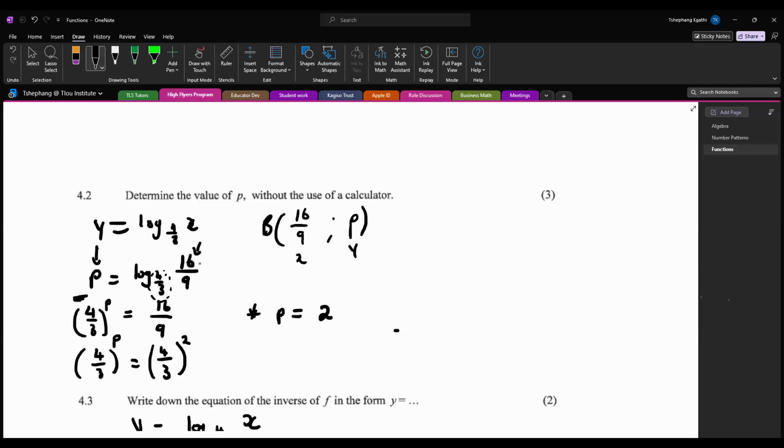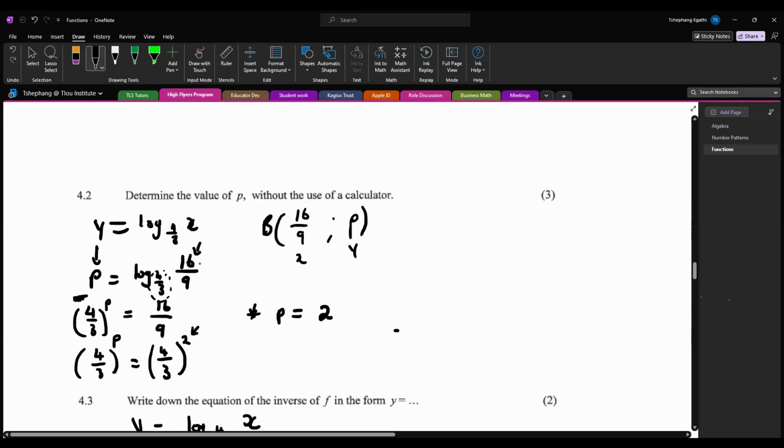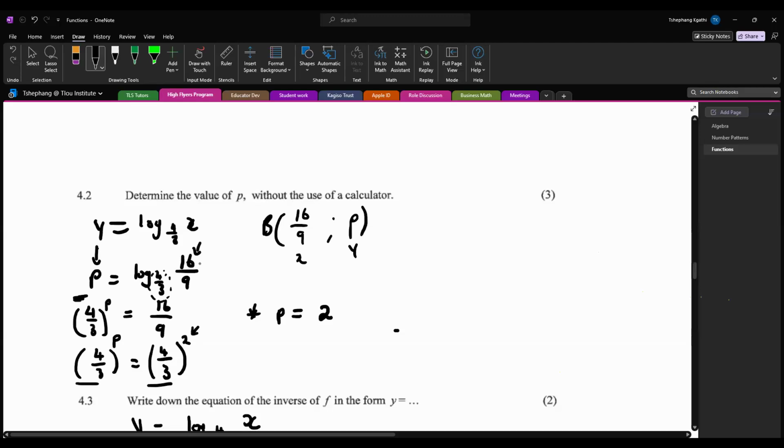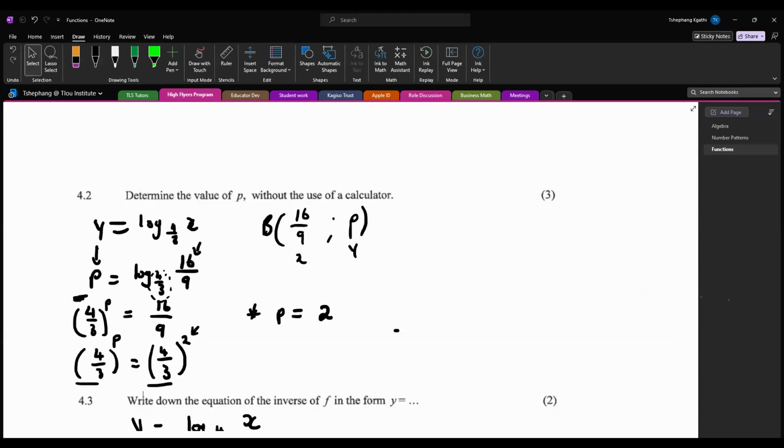Now that we have 4 over 3 to the power of P equal to 16 over 9, I know that 16 over 9 I can rewrite as 4 over 3 squared. Check something: the bases are equal to each other. Because the bases are the same, we can consider the exponents, and they will be equal. Hence, we have P equal to 2.